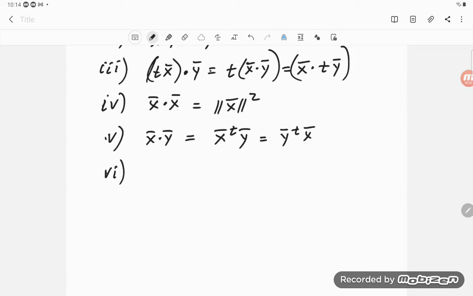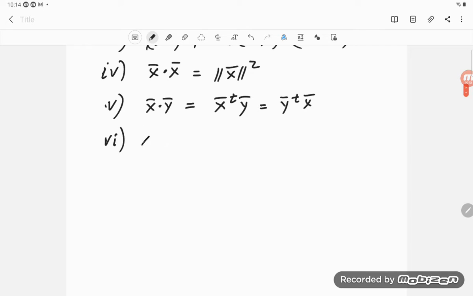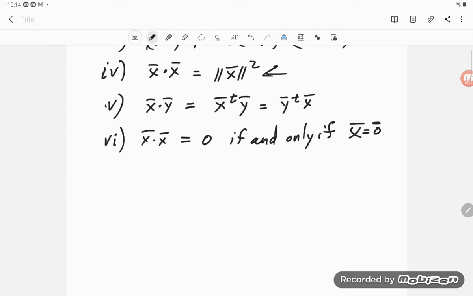And 6, the dot product, since we've got that it's the square of the norm, then this equals 0 if and only if x equals 0. 0 vector there in that case.